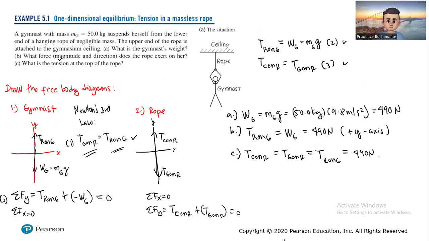So this is how we use Newton's first law of motion. In your exam, there might be some weight of the rope. You might add the weight of the rope in the equations. This is negative.